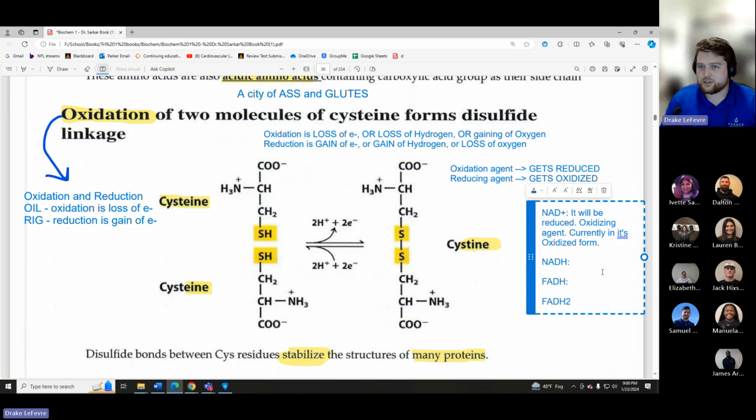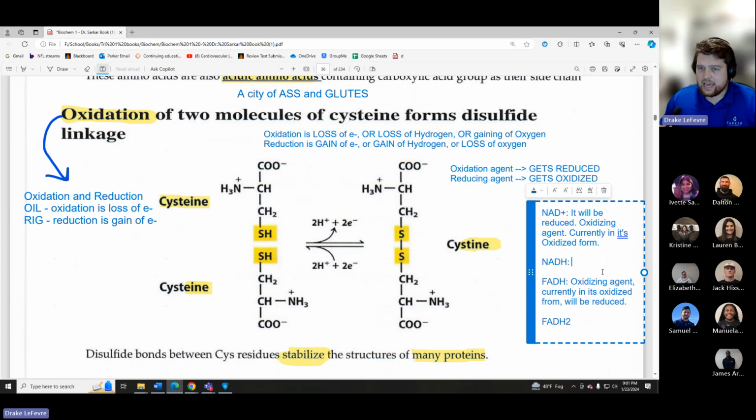So FAD is also an oxidizing agent, currently in its oxidized form, and it will be reduced. That's what I was trying to write.